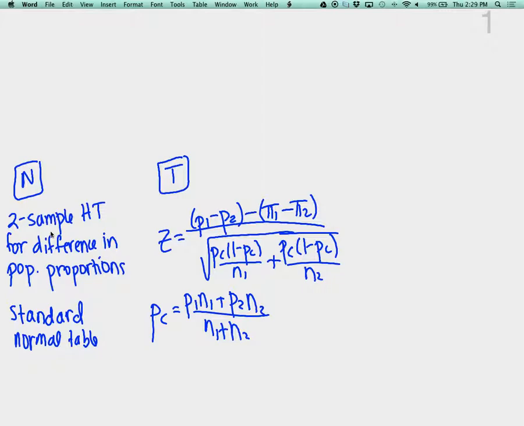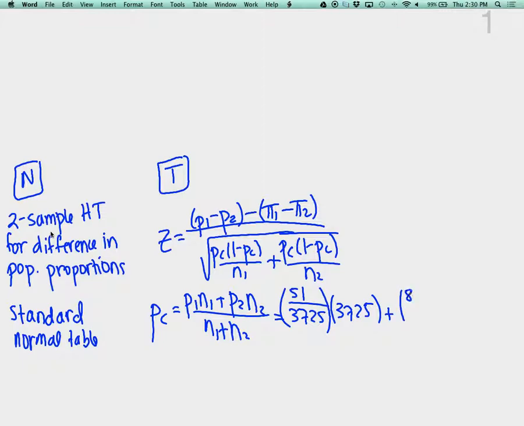Okay, you guys ready? Our P1 was 51 out of 3,725. Then I'm going to multiply that by 3,725. This is all to find PC.